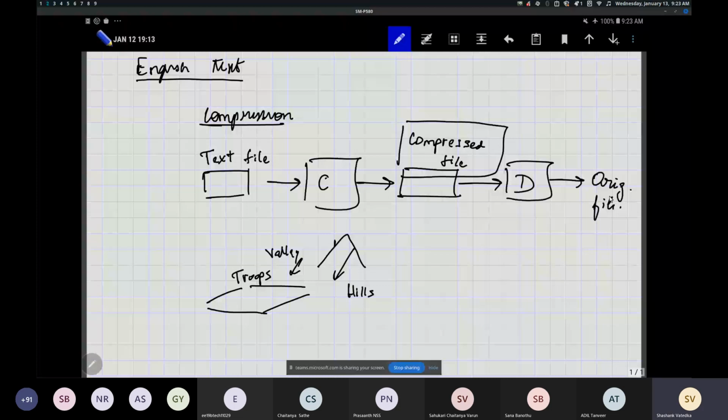So for example, you know that the troops are coming, you know that the enemy is coming, but you don't know whether it's from the hills or the valley. So what the sentry can do is send a 1 if they're coming from the hills and 0 if they're coming from the valley, right?